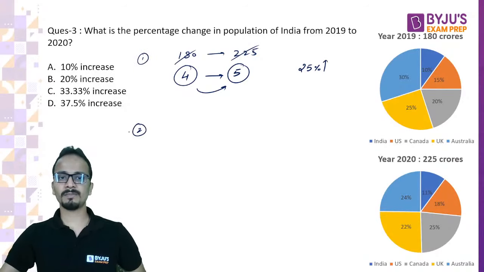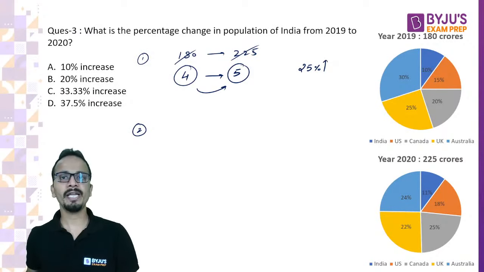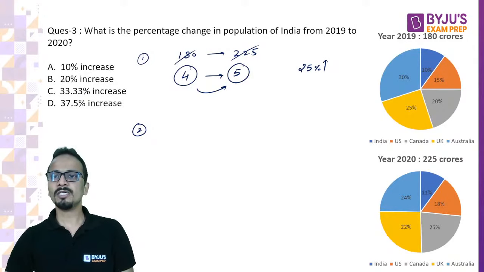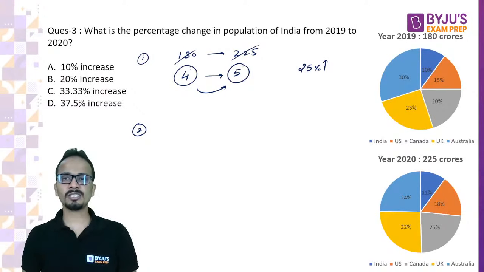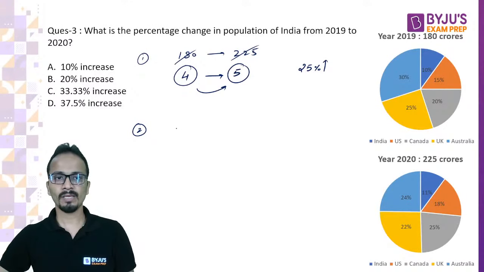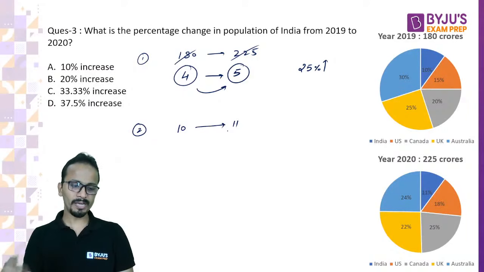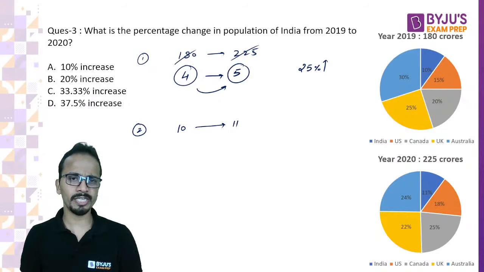Now the second part, I need to find out the percentage change in population for India. Okay, now in these two pie charts, just look at the percentage breakup for India. So initially the percentage breakup was 10 and finally it has become 11. Okay, I'll just look at the percentage breakup.